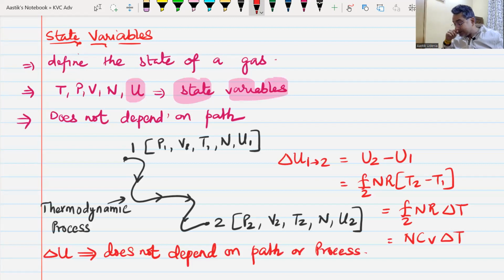For any process which happens between point 1 and point 2, the change in internal energy will remain constant. Do we understand this? Yes, sir.